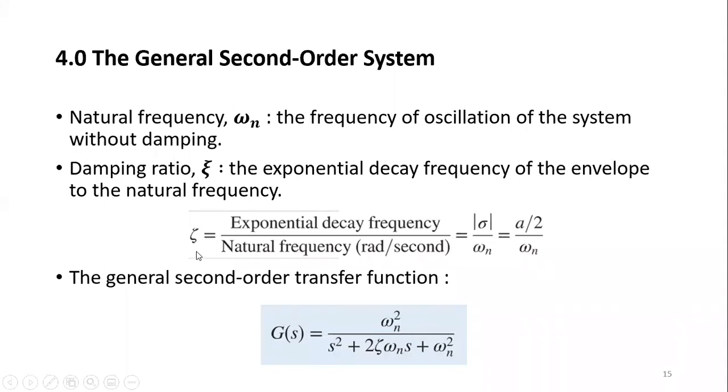So there is a formula for the damping ratio. Look at the symbol, okay? Observe the symbol. The damping ratio is equal to the exponential decay frequency over the natural frequency. Generally the second order system can be formed into natural frequency and damping ratio through this equation.